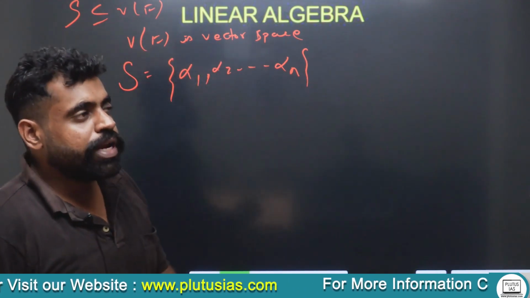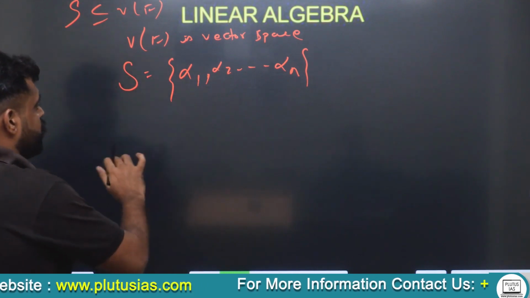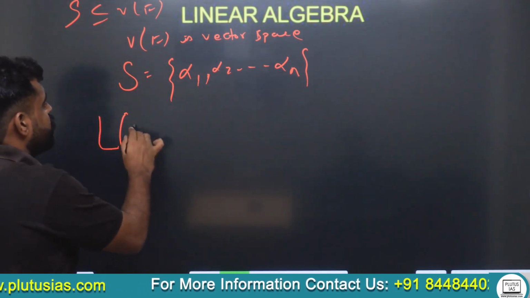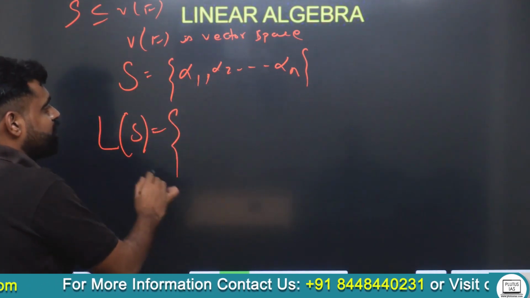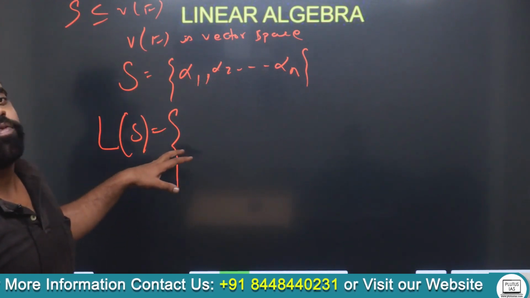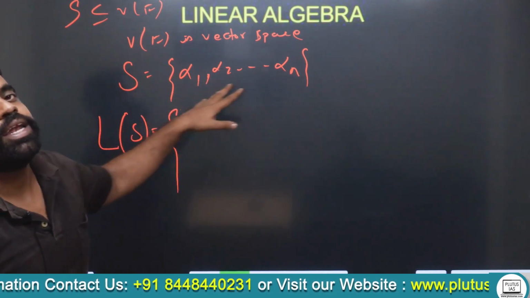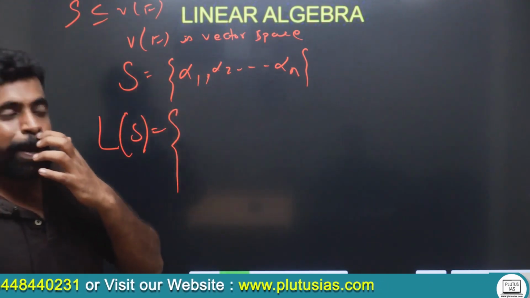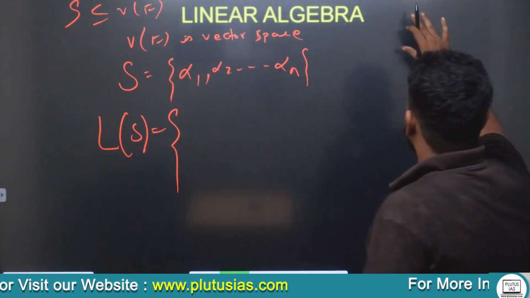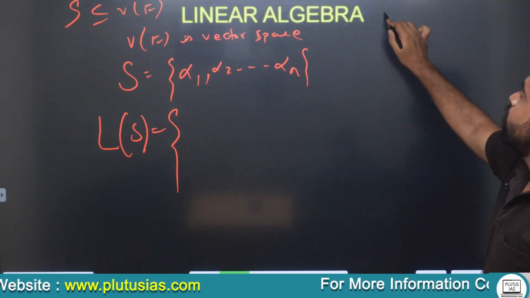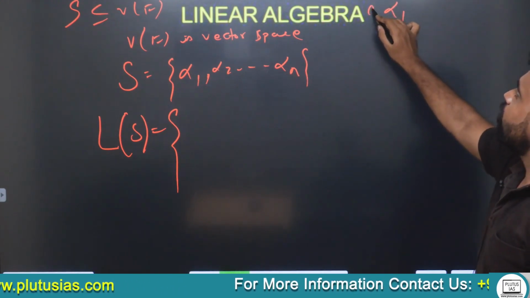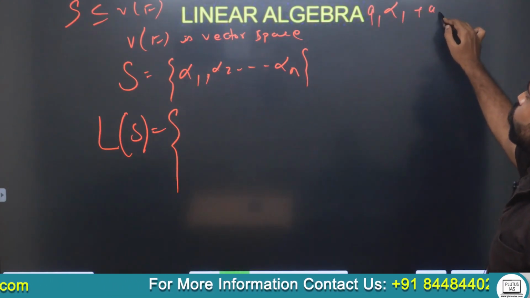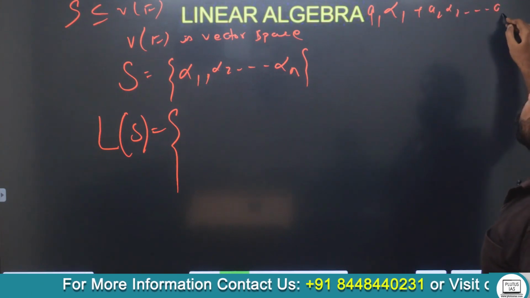So the linear span is a set. And how is this set formed? This set is formed by all the linear combinations of this. That is, a linear combination would be a1 alpha 1 plus a2 alpha 2 dot dot dot an alpha n.